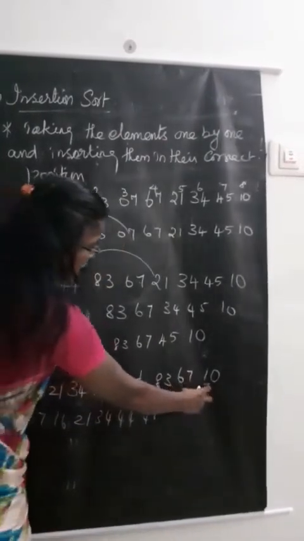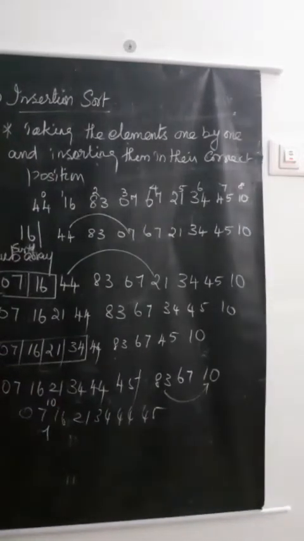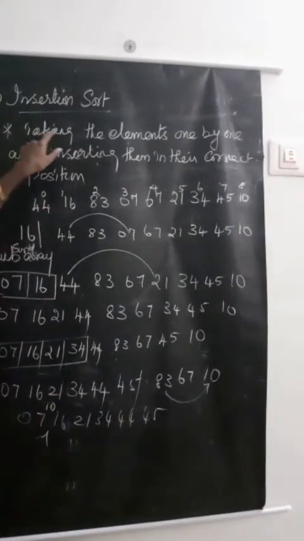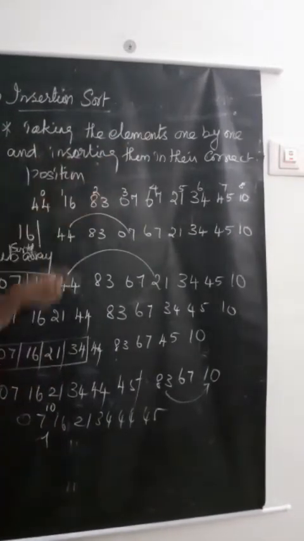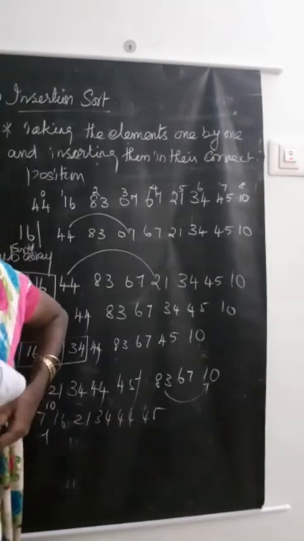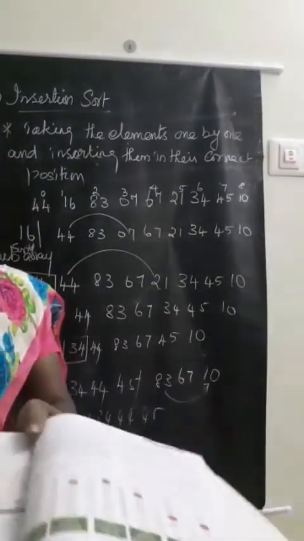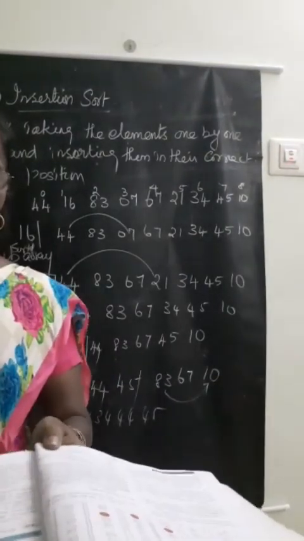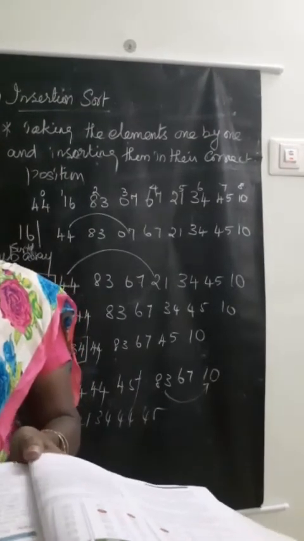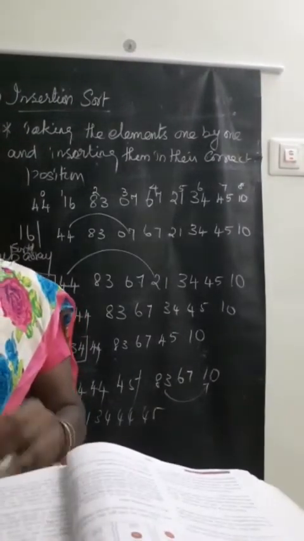The element is picked and placed in between 07 and 16, according to our rule: taking the elements one by one and inserting them in their right position. This is insertion sort: picking the element from the main array and inserting it in the correct position into a new sorted array.